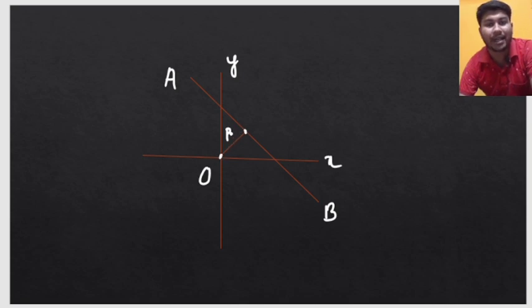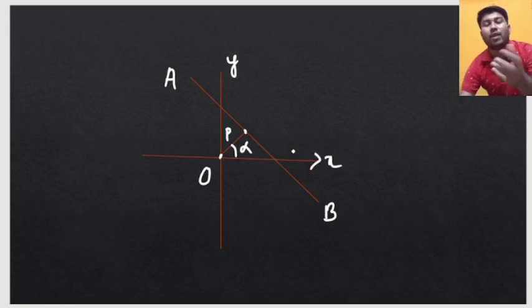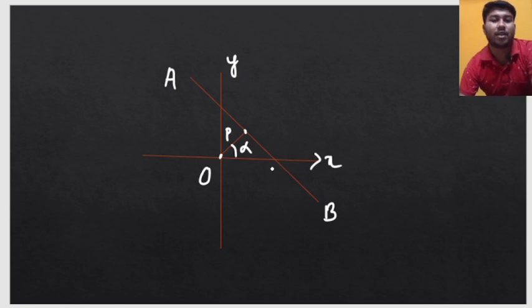If the perpendicular length from the origin is given, and suppose this perpendicular makes an angle alpha with the positive direction of the x axis, what are the things required? Number one is the length of the perpendicular from the origin to the line, suppose P. Another thing required is the angle made by the perpendicular with the positive direction of the x axis, suppose alpha.